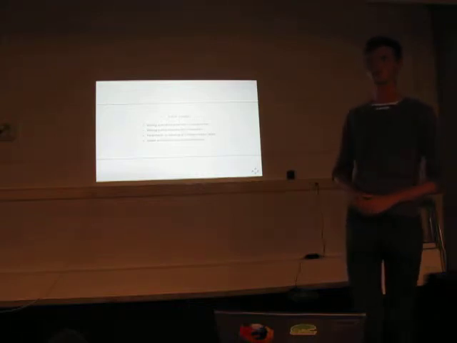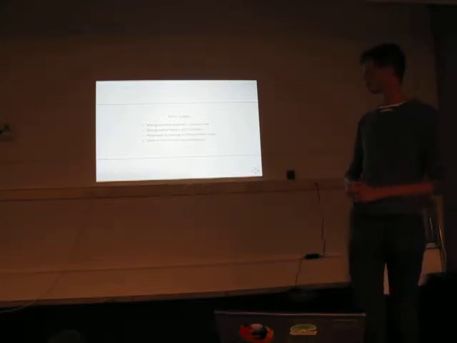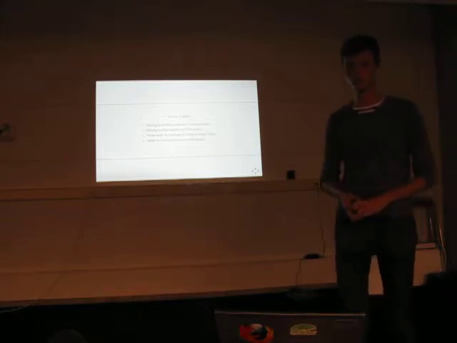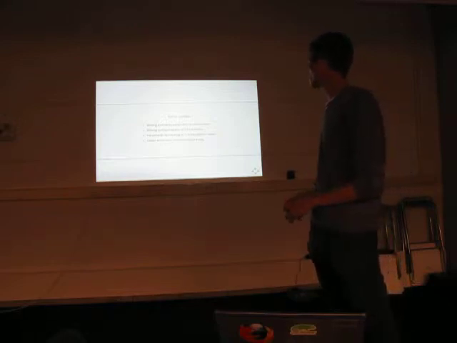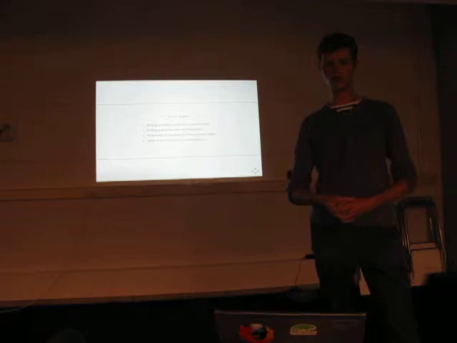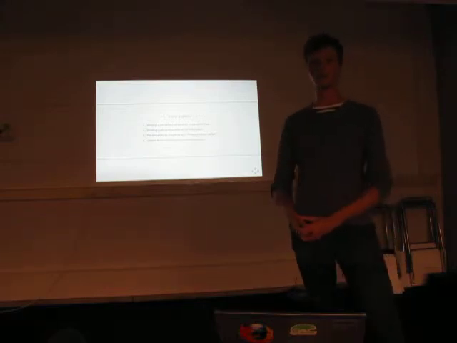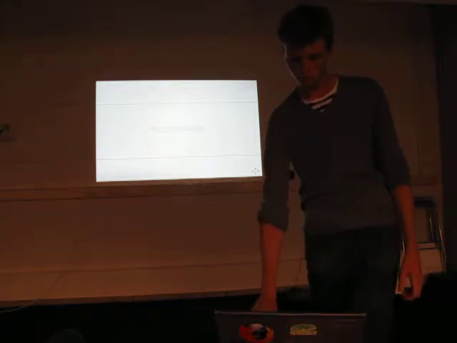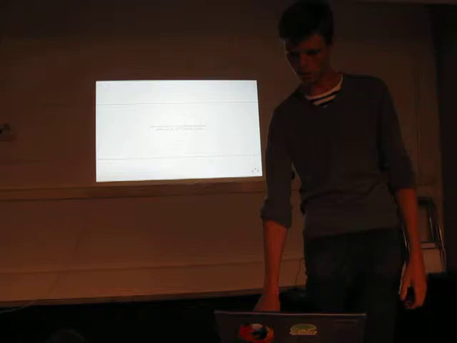So 401 is when you have unauthorized access, when you try to do something for which you need to be logged in, but you're not logged in. 403 Forbidden is if you have a permission error. 412 Precondition Failed is when one of the parameters in your query is missing. And basically we just throw a 422 in any other case if you have an error. So yeah, on Wikipedia there's a very nice overview of that list.